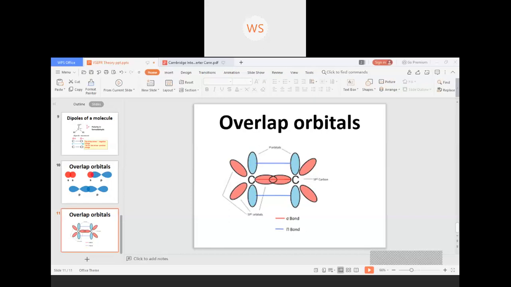This gives us the concept. This is the bond angle, this is VSEPR, and from the VSEPR we know whether this molecule is polar or non-polar.